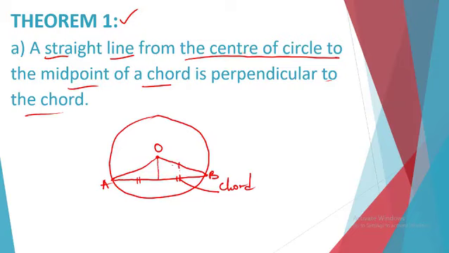Okay, and remember, radius is always equal to each other. So the radius AO is equal to the radius BO. So the 2 radii are what? Equal.